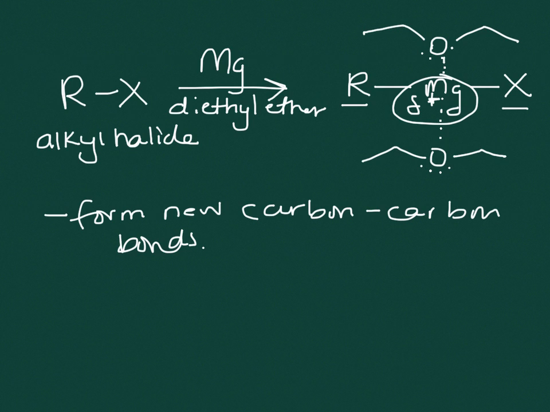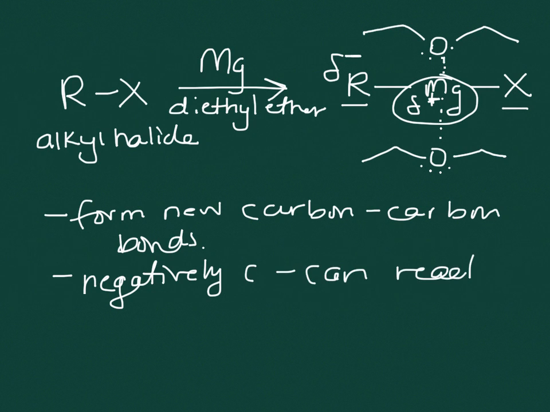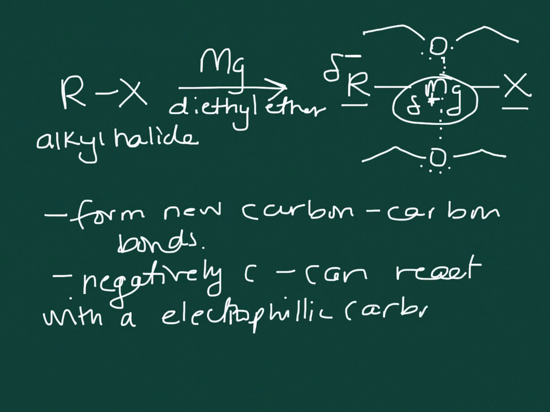Because the magnesium has a delta positive, this carbon has a delta minus, and the negative carbon can react with an electrophilic carbon, so the carbon that would have a delta positive.